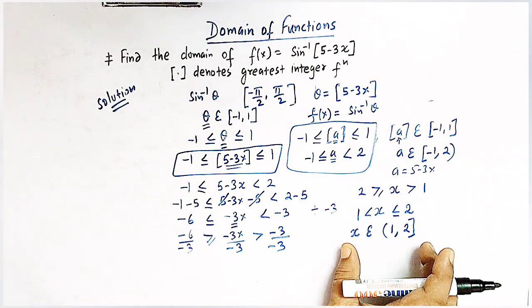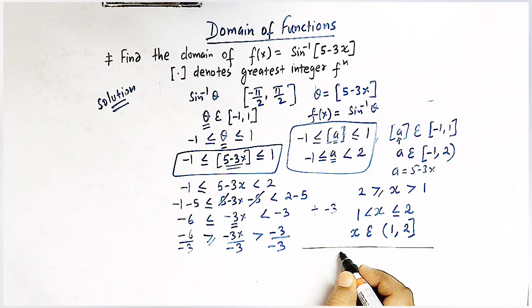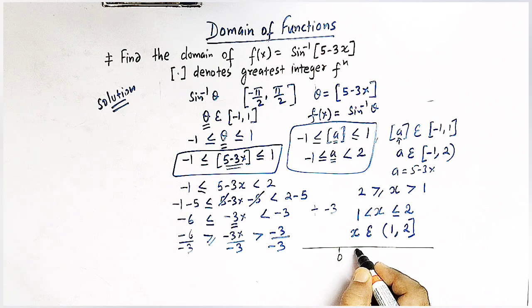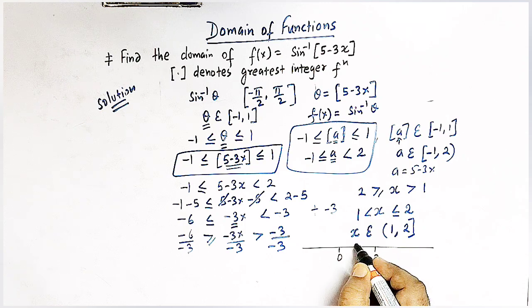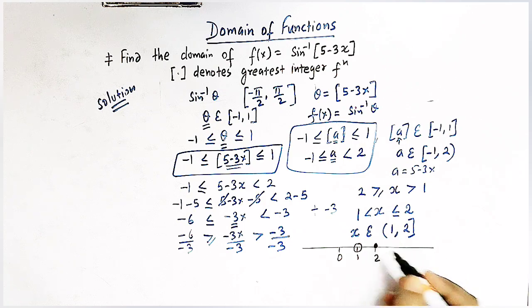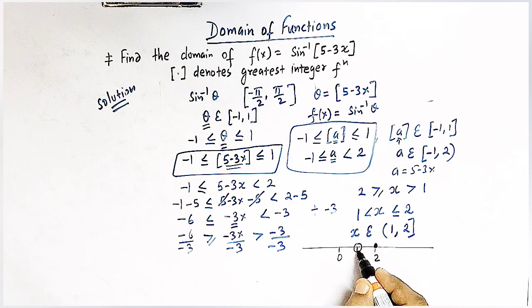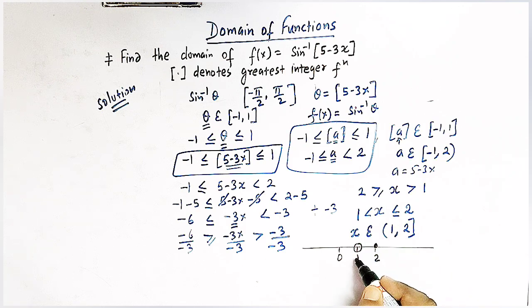So let us represent this interval on the real number line. Here we have 0, here we have 1, here we have 2. Here 1 is not included, so we can encircle it, and here 2 is included, right? So all the values of x which lie between these two points except 1 and including 2.